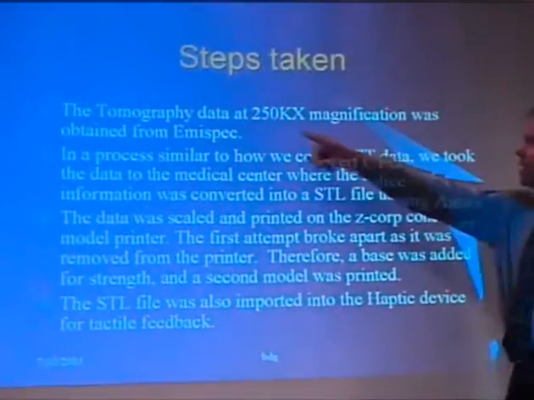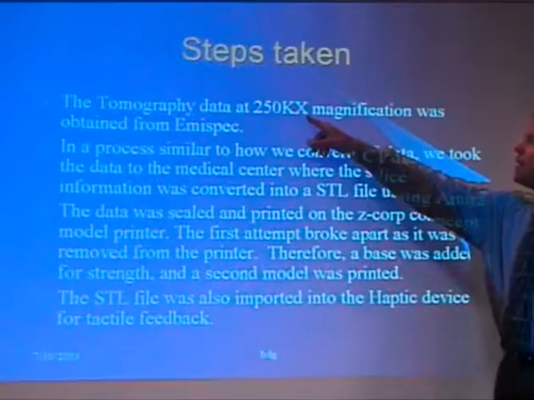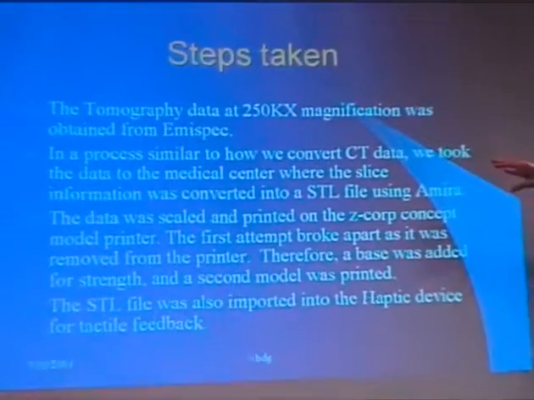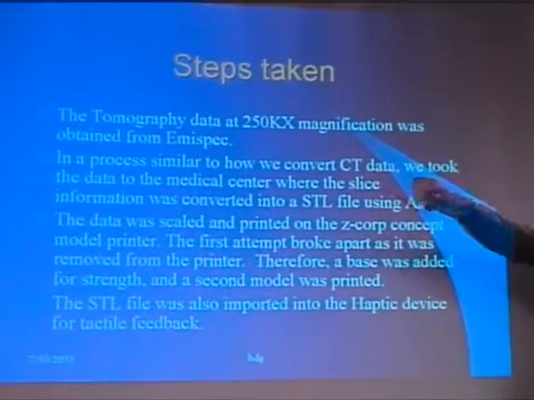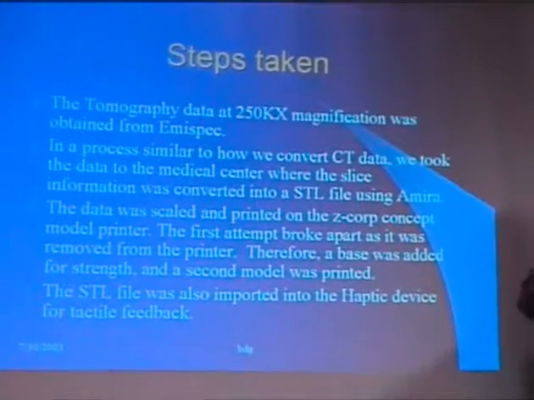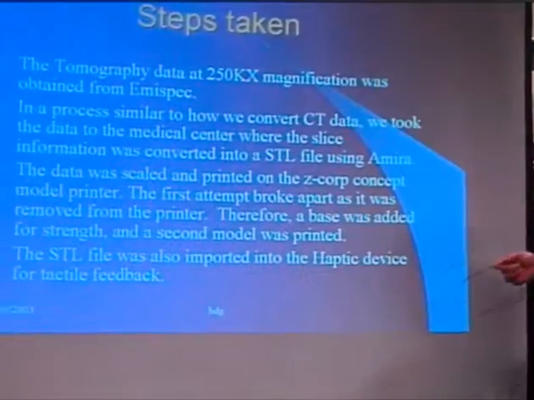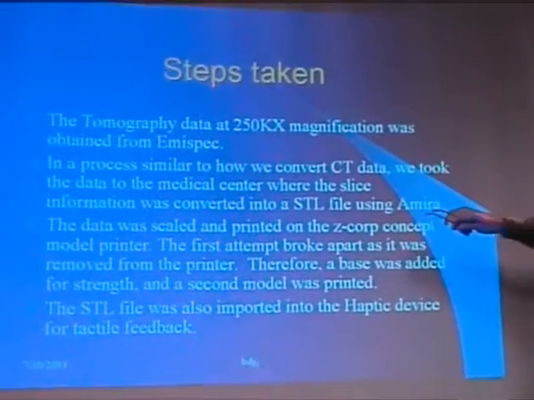We took this data, it was 250K times magnification, and then in a process similar to how they converted normal CAT scan data, they took the data to our medical center, which is where the software happens to reside, and then they converted the slice information into an STL file using Mimics.